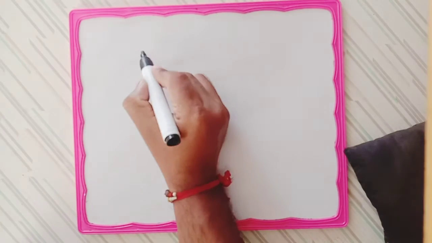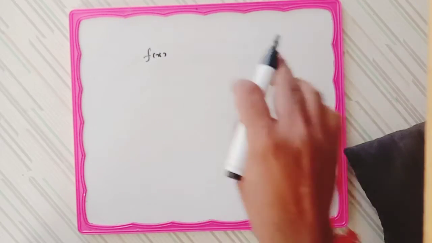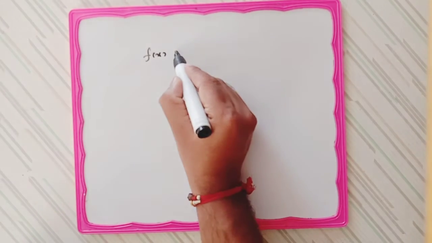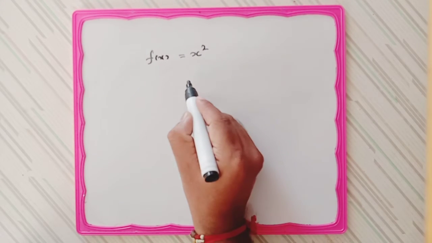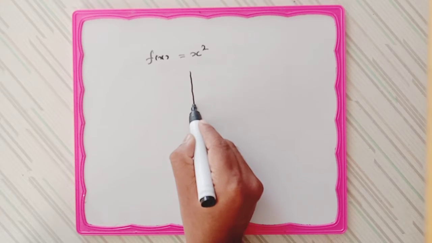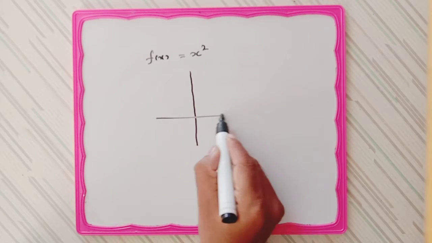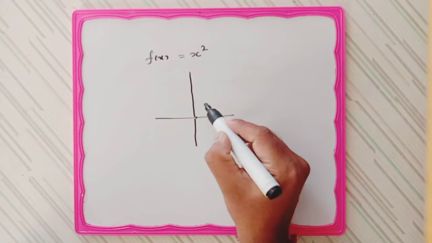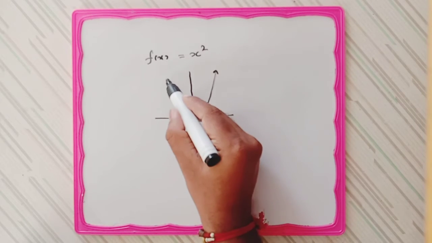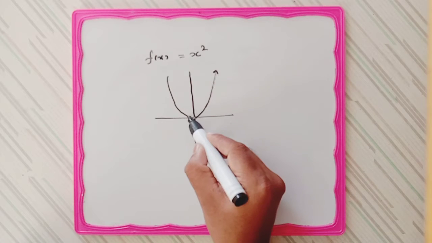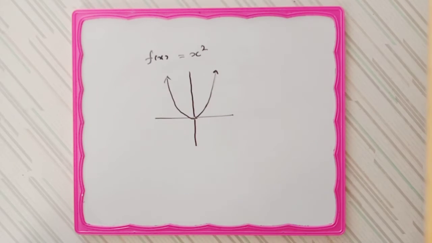So now we discuss the maximum and minimum of f(x) = x². We draw the graph of f(x) = x². We know that at x = 0 it is 0, and it goes on increasing in both parts, for the positive and negative values.